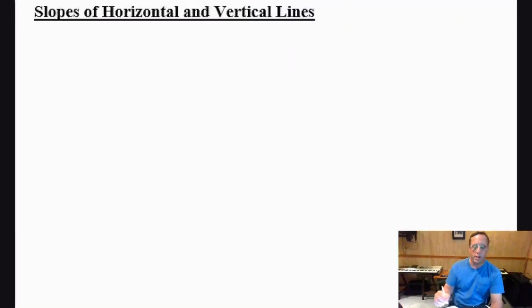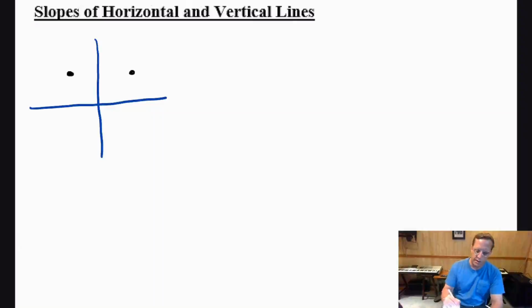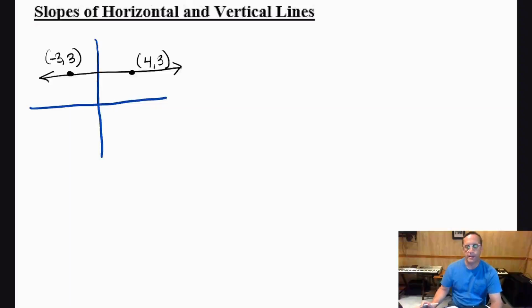Now the slope of a horizontal line, let's talk about that first. I'm just going to draw a really rough sketch here. We have a point here and a point there. And let's say this point right here is -3, 3. And let's say this one right here is 4, 3, something like that. If we look at this and figure out the slope, we look at the change in y.